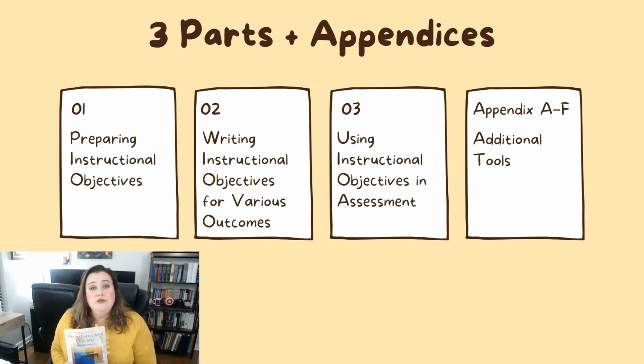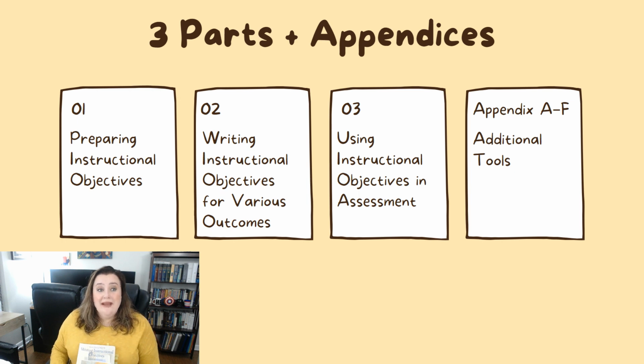Okay, so there's 3 main parts to the book, and then they have several appendices that are packed with information. So I wanted to go over those a little bit as well. First of all, the very first part of the book is preparing instructional objectives, which was very helpful to understand where they're headed with this and how to begin thinking about preparing those objectives.